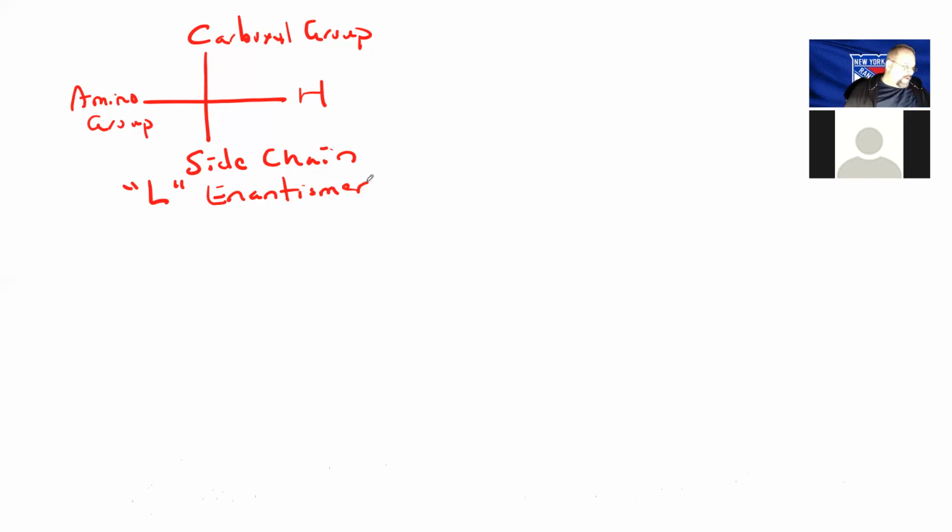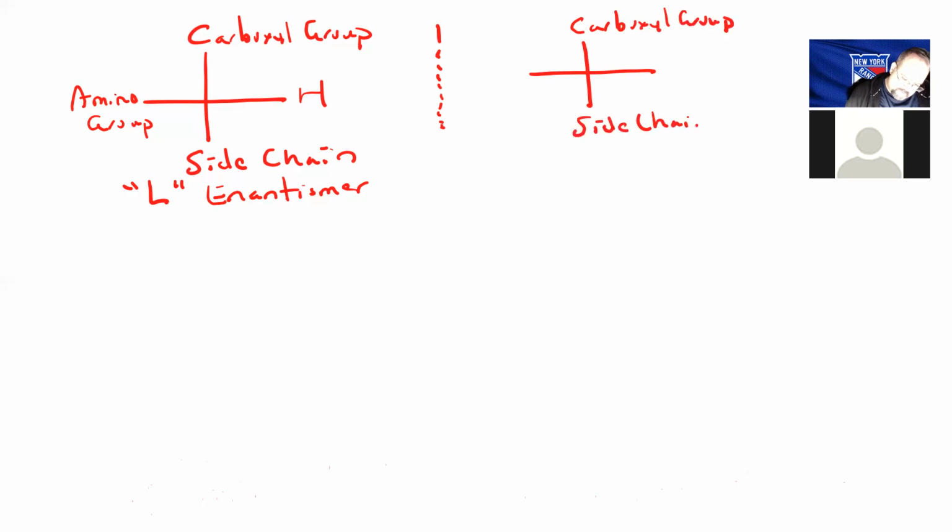And then on the other hand, if we were to use a vertical mirror, the carboxyl group stays where it is. Side chain stays where it is. The amino group ends up on the right.